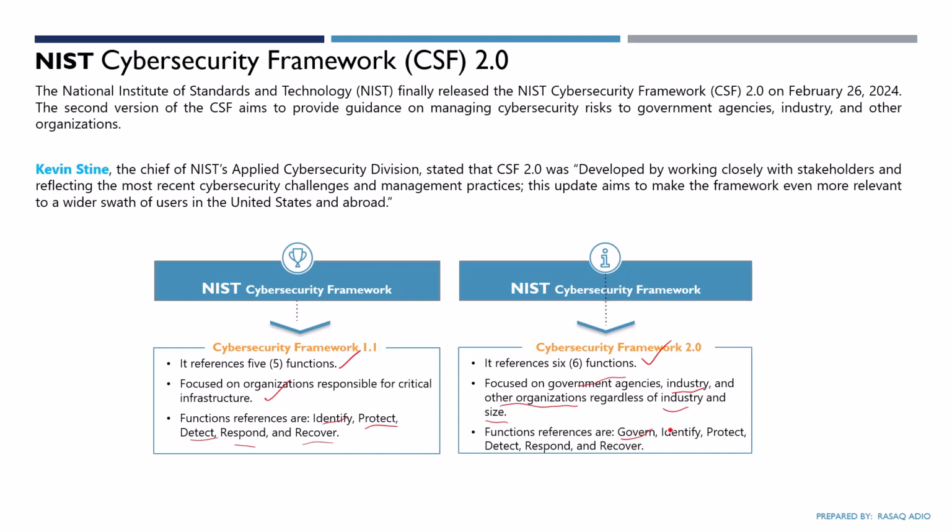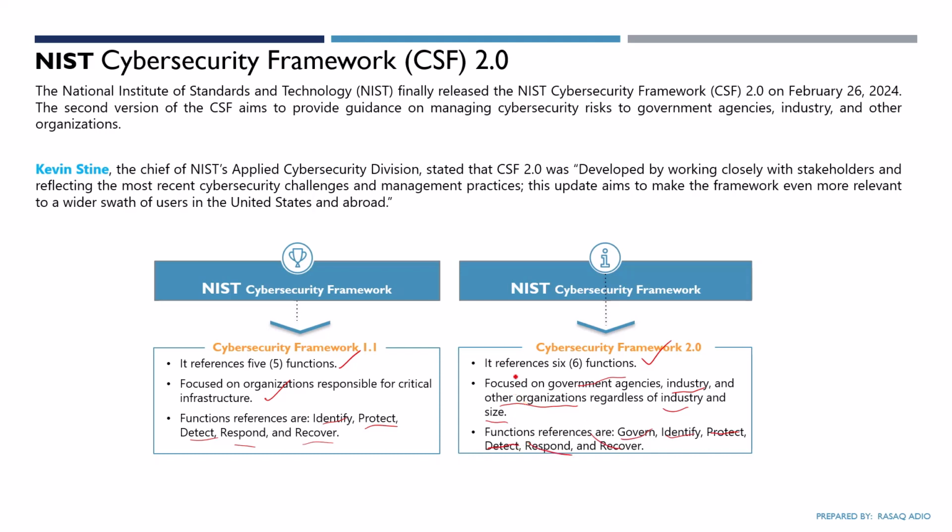So governance was just added to make it 6. We are going to be looking at what governance entails, what identify entails, and also what protect, detect, respond, and recover entail.